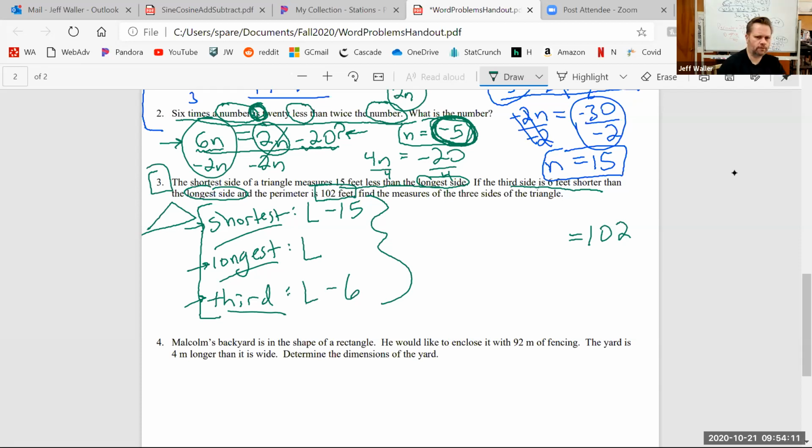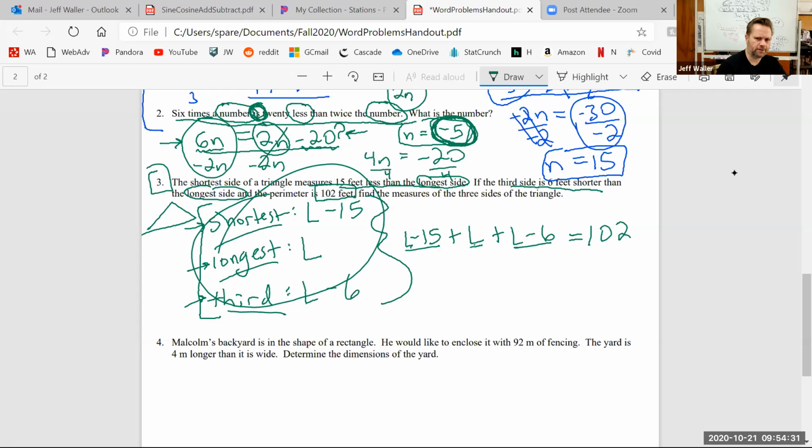All right. So I'm going to just take the shortest side, plus the longest side, plus the third side. So I can find all 3 sides there. And now I've got an equation. I can kind of forget about all this and just solve the equation.